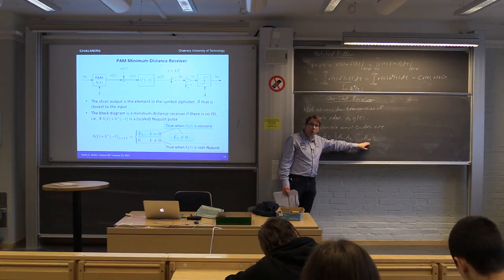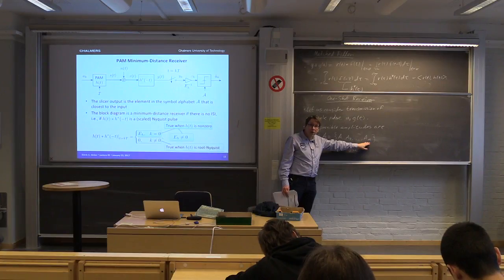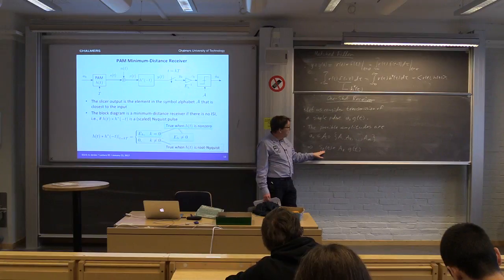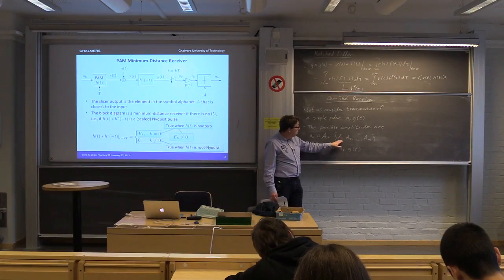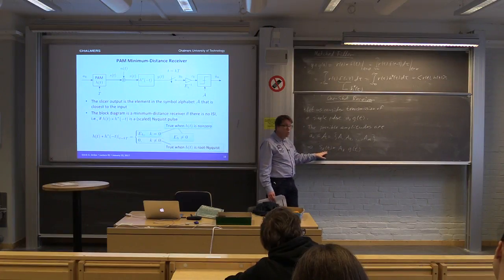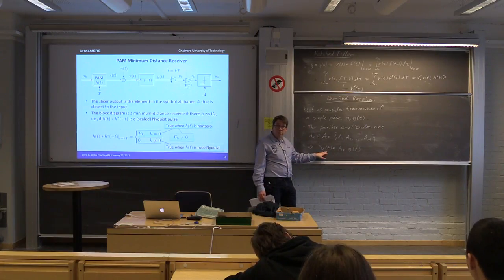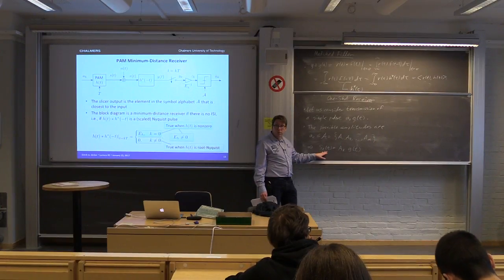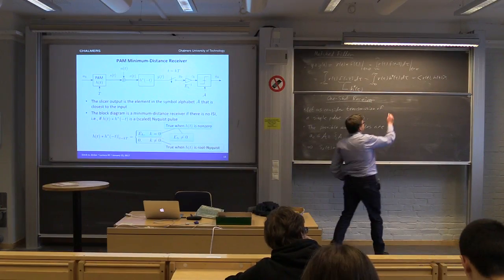What are the possible transmitted pulses then? Well, they are indexed by L, where we take the Lth of these amplitudes and multiply that with g. So what we want to do is compare the received signal with all these possible ones, and then pick the one which has the best fit. That's the minimum distance receiver.